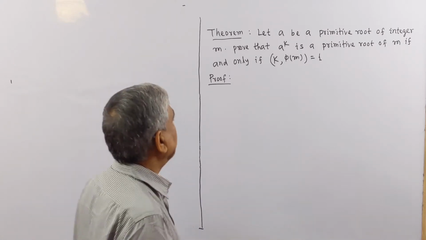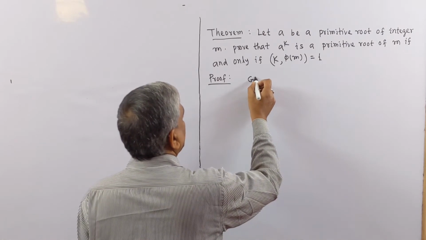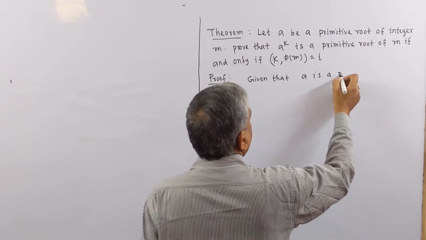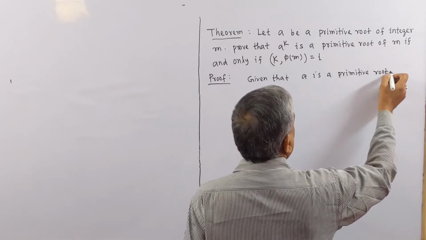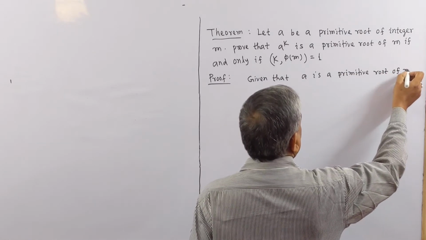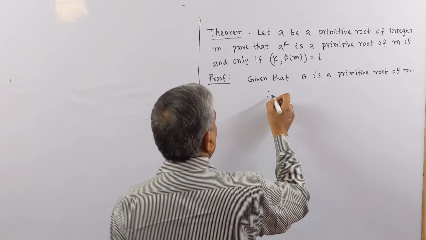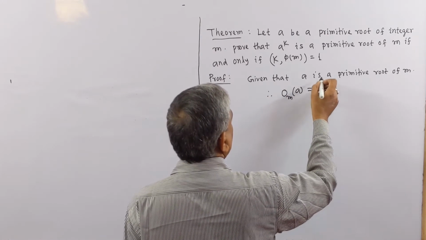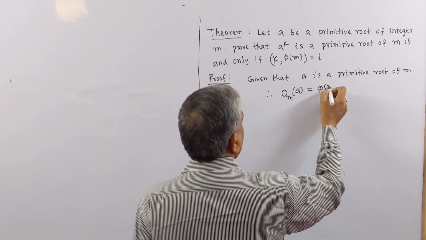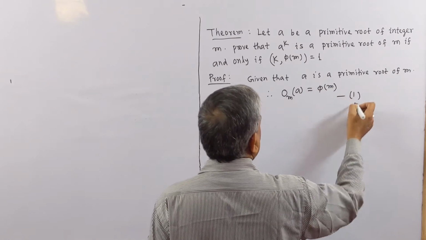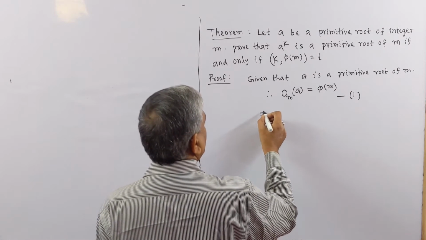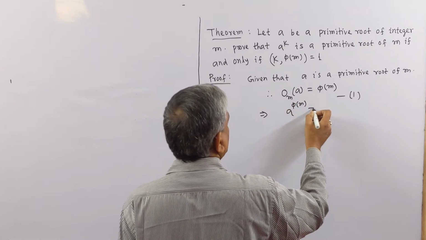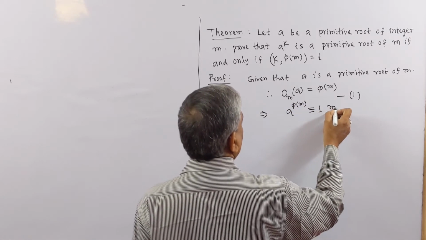Now we prove this. Given that a is a primitive root of m, therefore order of a modulo m equals phi m. This is number 1. Implies that a to the power phi m is congruent to 1 modulo m.